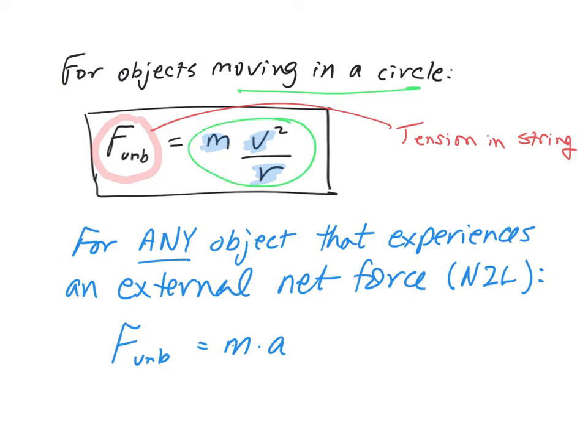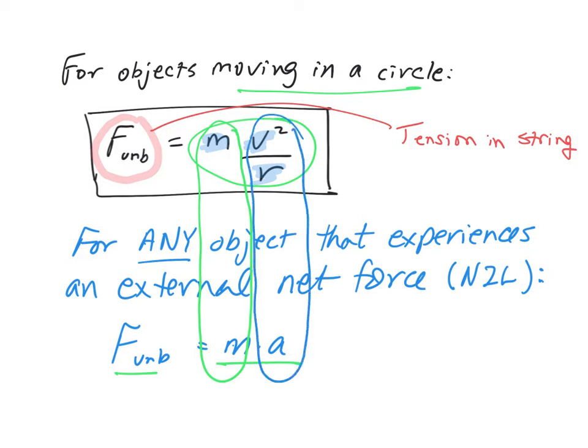But for any object that experiences an external net force, Newton's second law says the unbalanced force equals mass times acceleration. Here's the mass right here. That means that v squared over r represents the acceleration of the object for something moving in a circle.